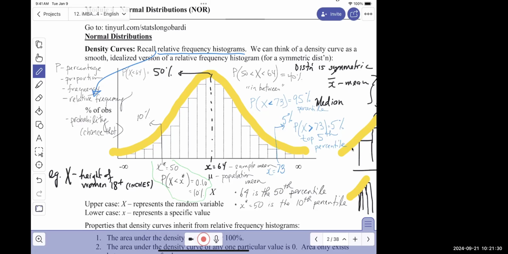I have a question for you. Can I make this an equal sign here? Can I also make it equal? Does it change anything? Does it change anything if I put an equal there?